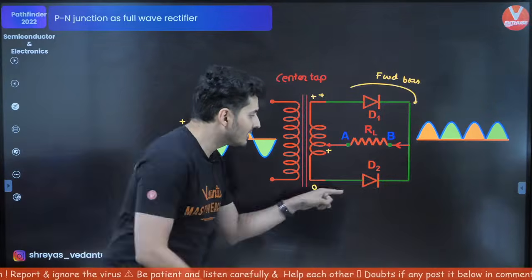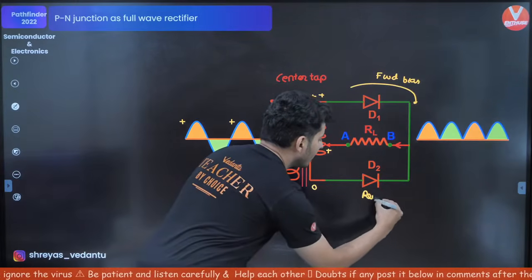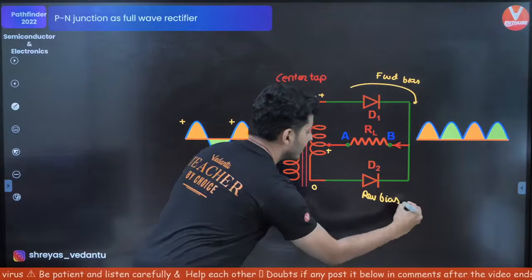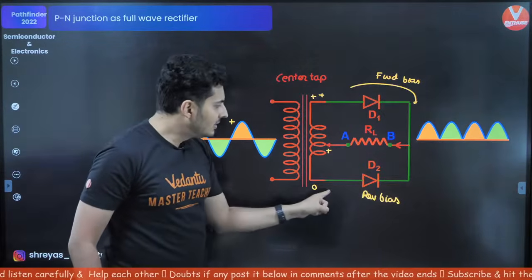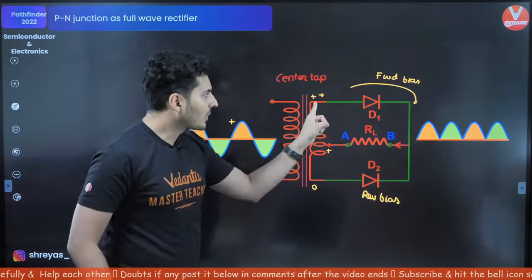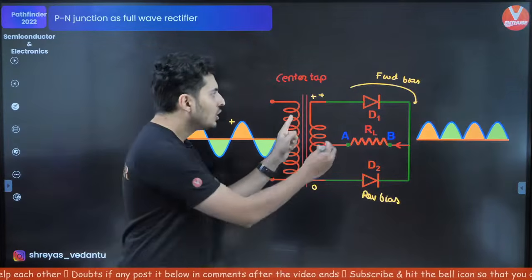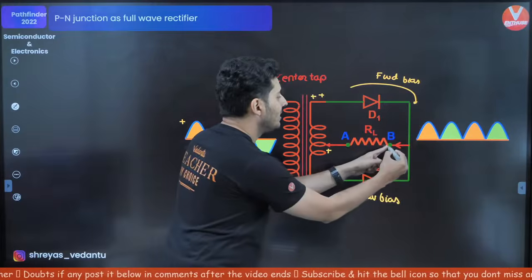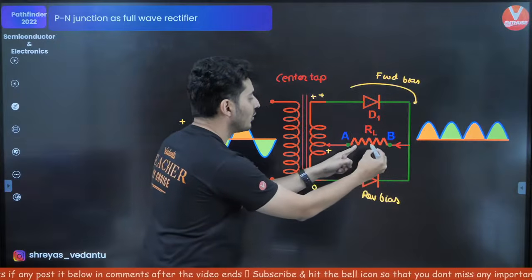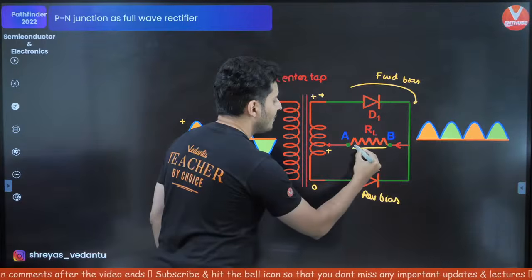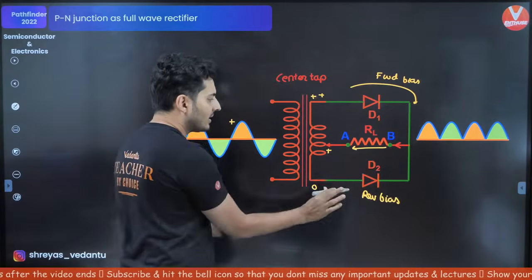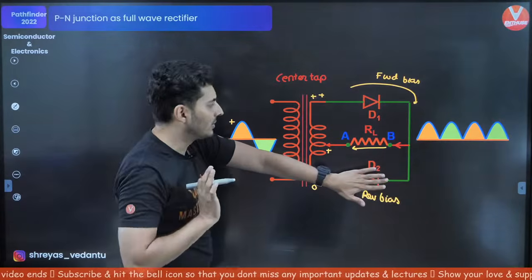That means this diode is obviously reverse bias in this case. Hence, this diode will conduct, this diode will not conduct, and once this diode conducts, the current is flowing from B to A. Can you see that? The current is flowing from B to A. It flows like this. This diode is not even in the picture.